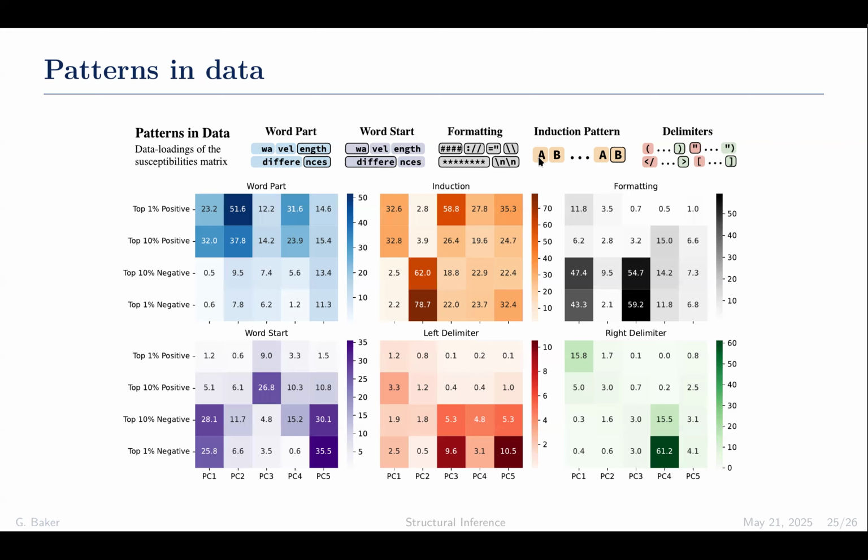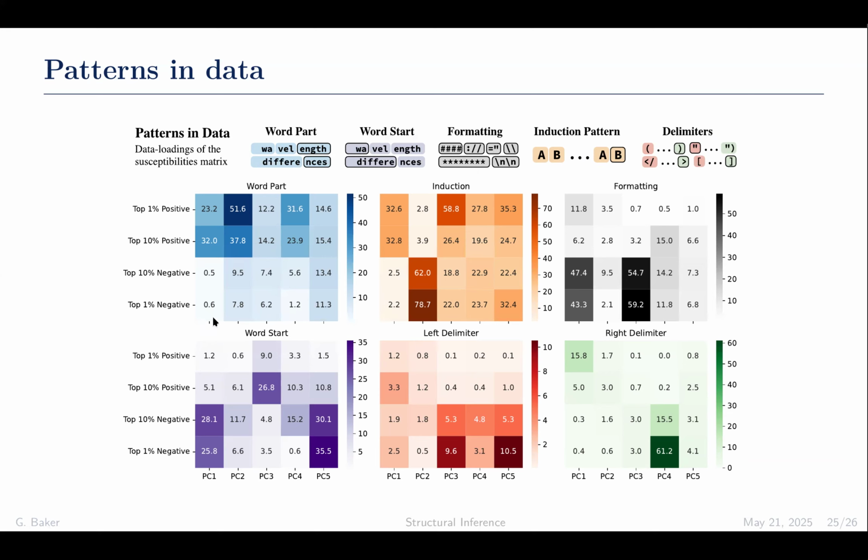We had A, B in the past, and the model learns in context that A, B again in the future is probably a pretty good bet. If I see A, then I should probably say B again. And then delimiters. There's two kinds of delimiters, and they seem to have very different expressions in our model. There's open parentheses and closed parentheses. So we have the left delimiters, which are the open, and right delimiters, which are the closed. And we can see each of the different PCs, the PCs go from 1 to 5.